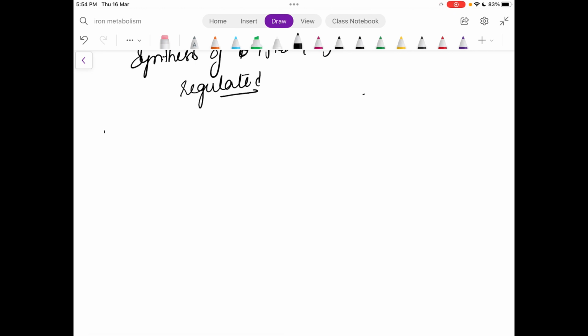What will happen here? We have two regulation points. One is the TFR1 receptor site and one is at ferritin. We have iron response element and iron regulatory protein. These two proteins are required. What happens at the gene level?